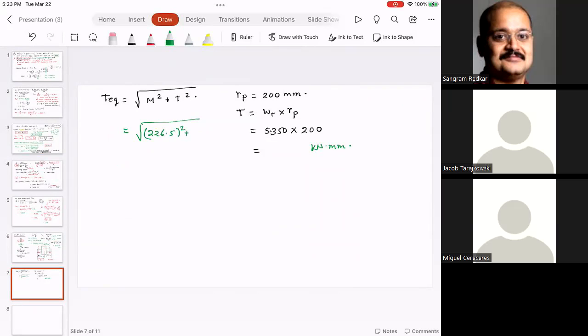How much is this? Or 10 kilonewton meter, approximately, or 10.36. WR was 2 kilonewtons. No, WT is 5350, right? Oh, that's WT. Yeah, and RP is 200.